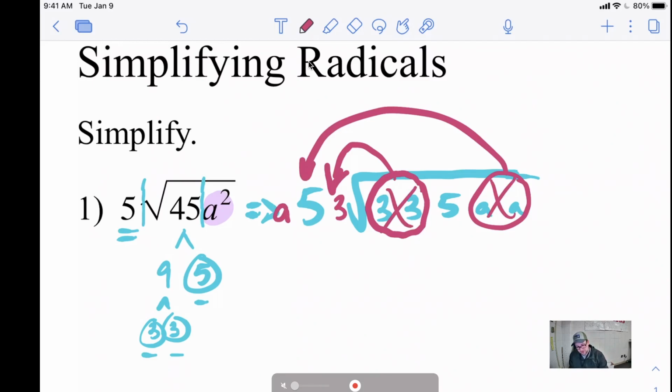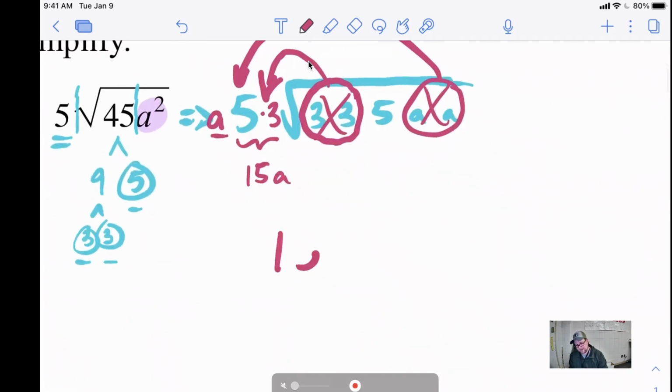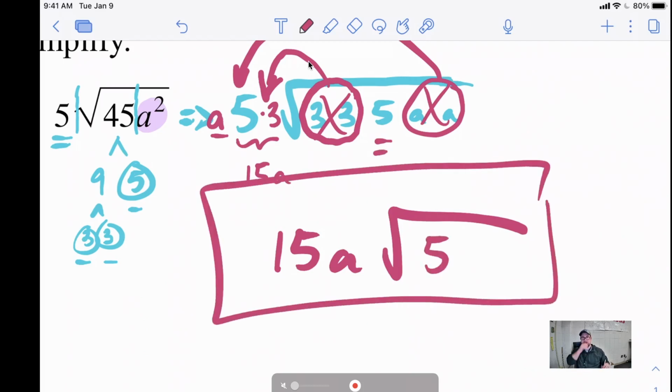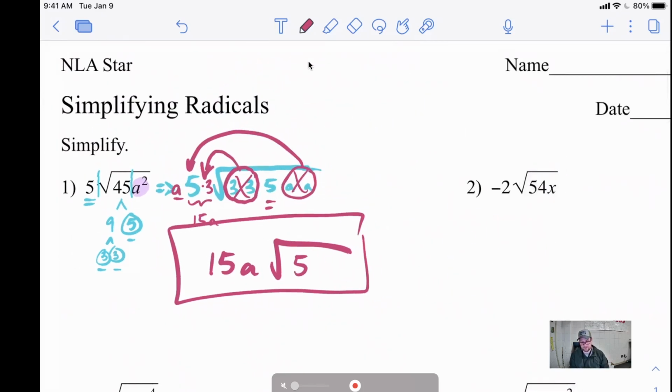Now we just multiply. 5 times 3, that's just 15. And then we normally would put the A right behind it. So we're going to have 15A on the outside, and then on the inside, what was left? Just 5. So we're going to just have a 5 right there, and we're done. We have simplified that radical. Nice job. That is a tough problem.